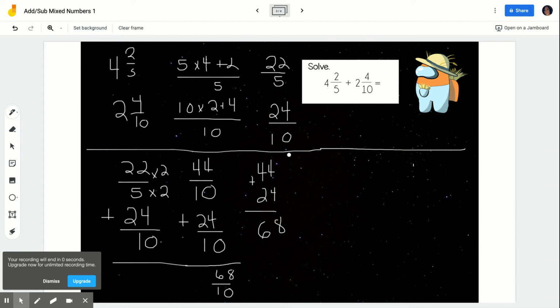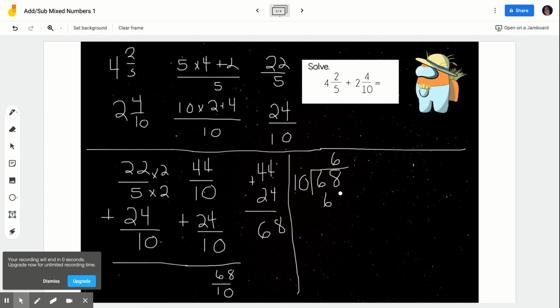The next step, let me put another box here, I'm going to convert this to a mixed number, the way we like to see it. So I'm going to use my strategy for converting improper fractions to mixed numbers, because I know that the bigger number's on top. It's not the way I'm used to seeing it. So that means that there's more than one whole. So how many groups of 10 can I make with 68? 10, 20, 30, 40, 50, 60.